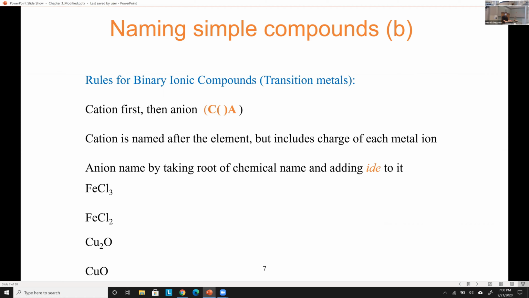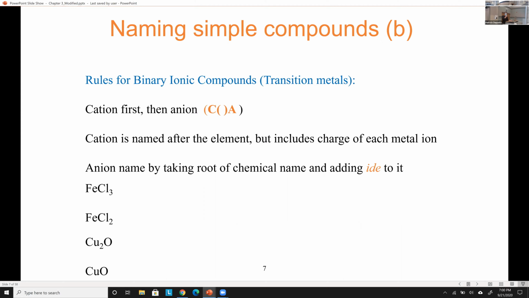So you're going to have an iron something, and that something includes the charge of each metal ion as a Roman numeral. So what that means is you're going to have to figure out the charge of each metal ion. And there's an easy way to do that.